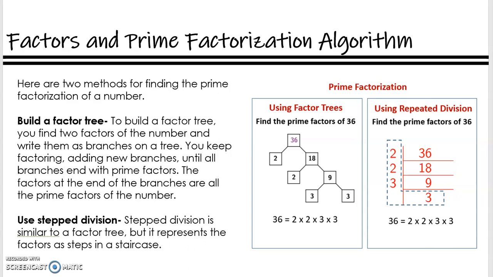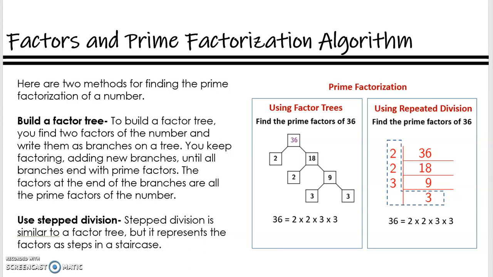So there are 2 methods. I just showed you how to use a factor tree. You can also use what's called either stepped division or repeated division. And it's where you're dividing the number you're starting with by prime numbers. And so 36 divided by 2 is 18, that goes here, and you keep dividing out until you end up with a prime number.